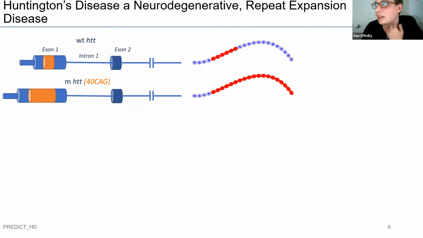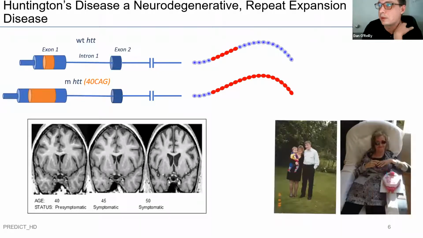So that takes me back to HD, where, as I said, in Huntington's disease, with greater than 40 repeats, you produce a transcript and protein that has an elongated CAG tract, and this leads to disease. Now, for a while, the dogma in the HD field was that if you silence the mutant gene, that should stop the disease progression.